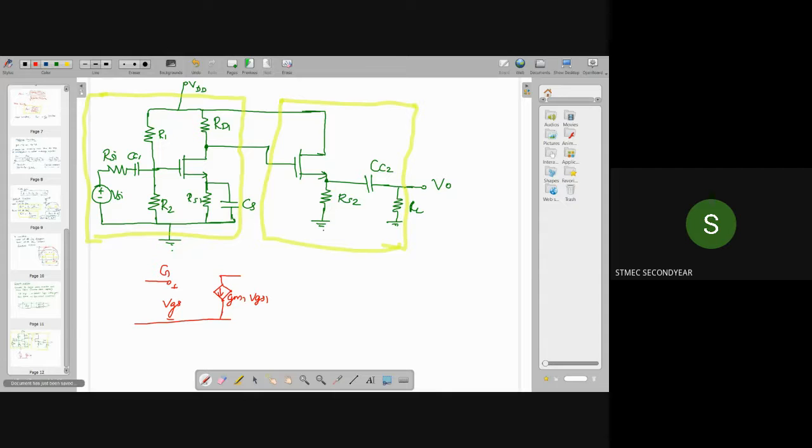This is my drain and this is the source terminal. Since the bypass capacitor is present, the source is connected to ground. In small signal analysis, VDD is connected to ground and capacitors are short circuited.